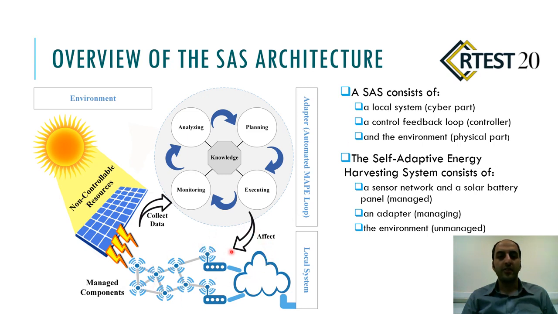Here, as a case study, we have selected a solar energy harvesting system for this research, mapping the main components of a self-adaptive system. Solar irradiation from the sun is the environment, and a set of sensors plus a solar battery panel are the local system.